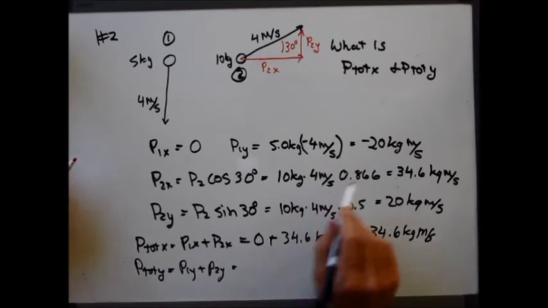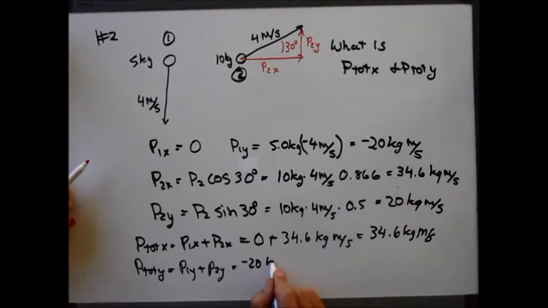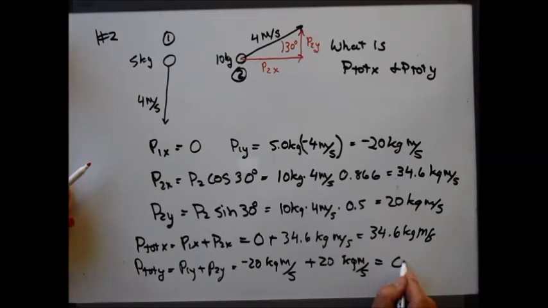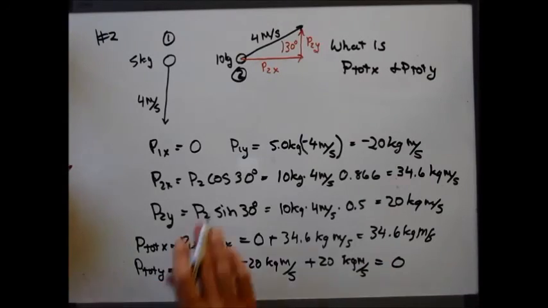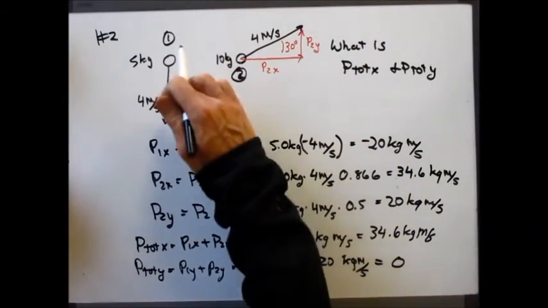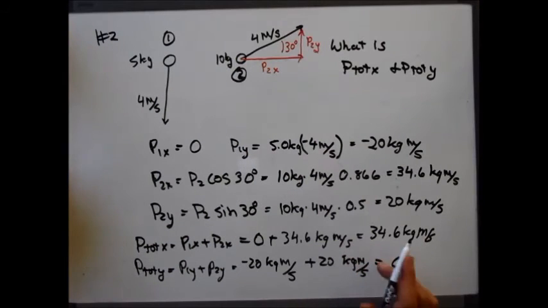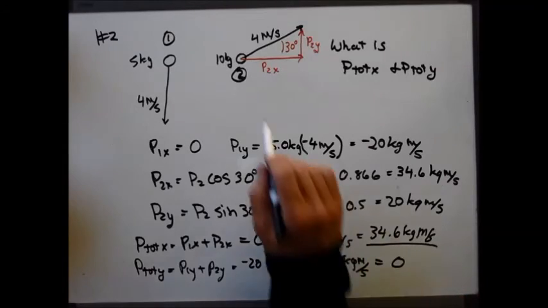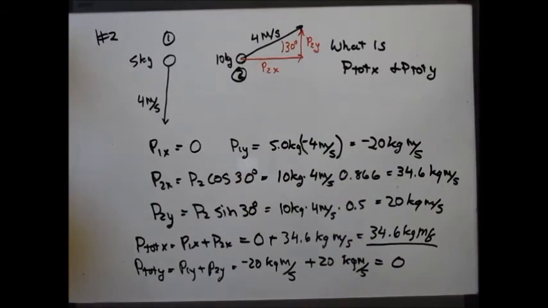That's equal to minus 20 kilogram meters per second plus 20 kilogram meters per second, or just 0. So the total momentum is just the x component. The total momentum has no y component because the upward component of this guy cancels the downward component from this guy, and I just get a momentum for my total of 34.6 kilogram meters per second to the right as a result of the x component for that guy.